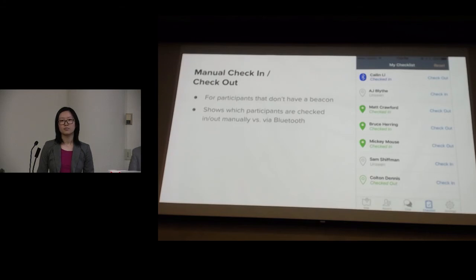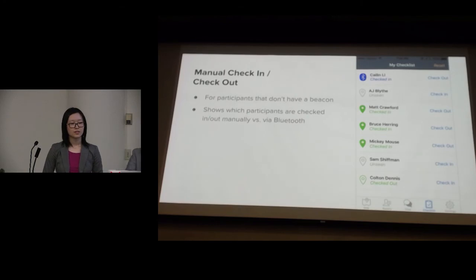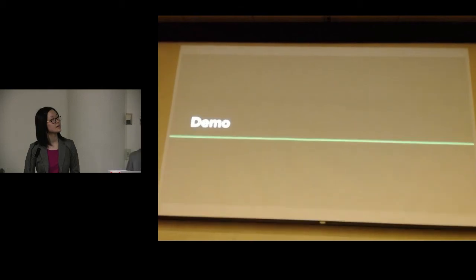So, for example, if I'm at a checkpoint and I see a participant without a beacon come by me, I can use this view, hit check-in to indicate that they were seen at my checkpoint, and that will also update the map view. So the icons on the left show which participants were checked in via Bluetooth and which were done manually. All right, so now we'll show you some of these features in action.